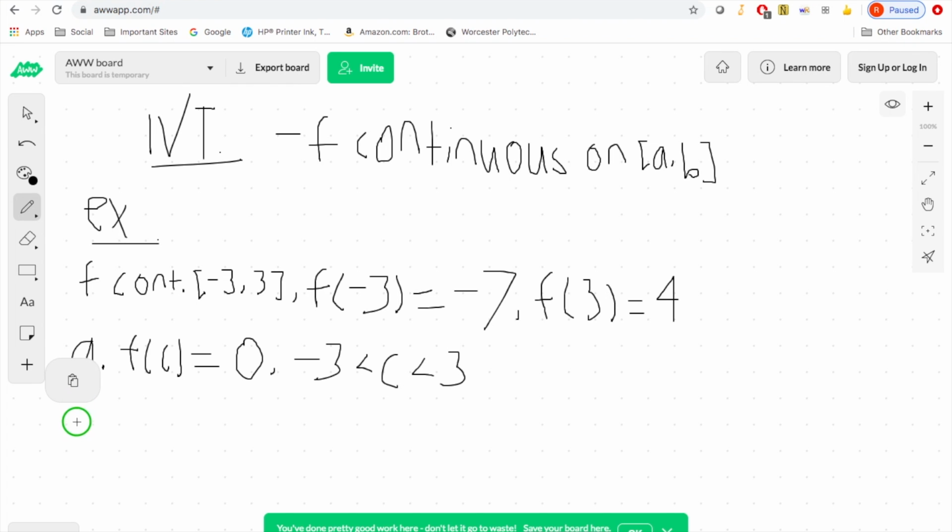Or B: f of c equals -8 on that same interval for c.